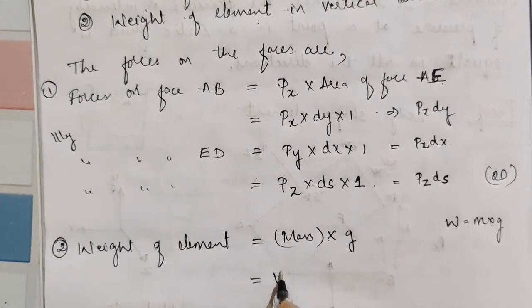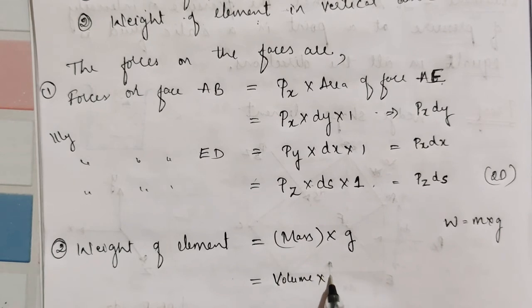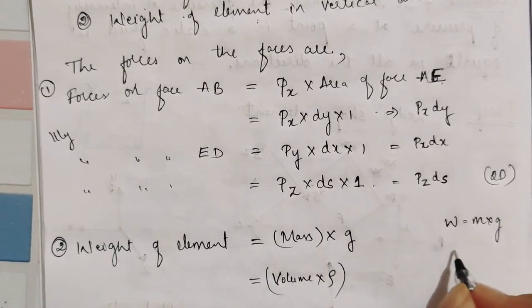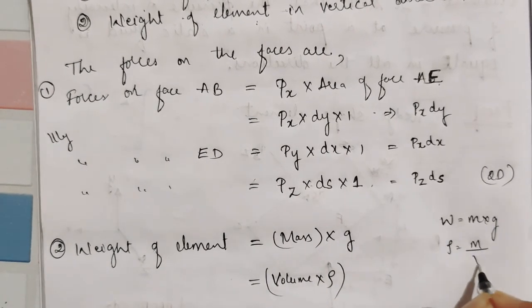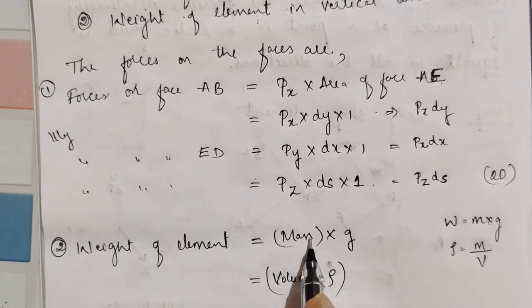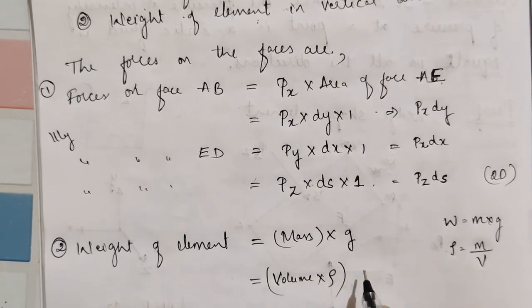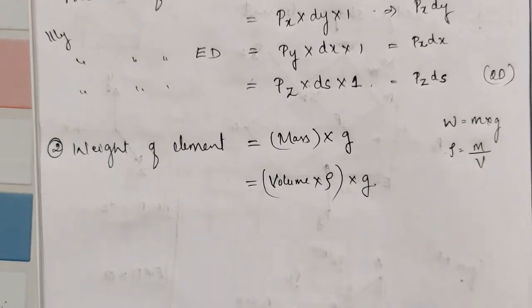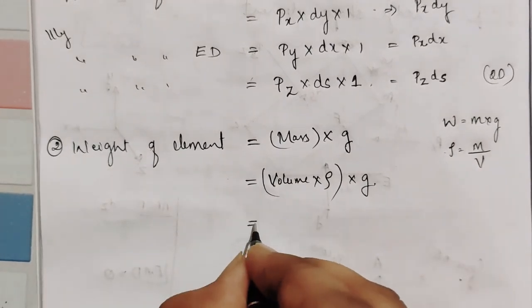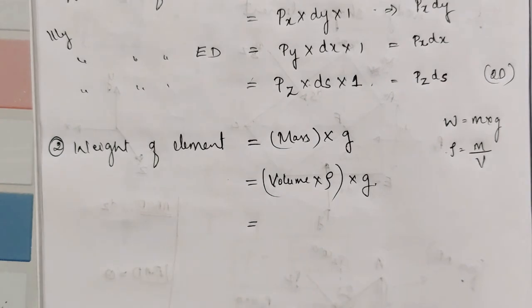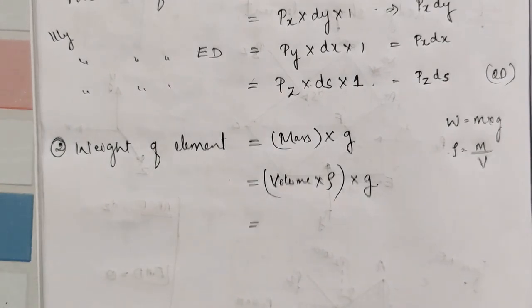Here we know volume into density. What is density? Mass by volume. I want mass, so mass is volume into density, and weight is volume into density into g. Sides I know, so I can calculate volume.